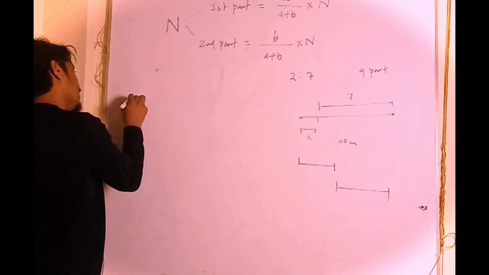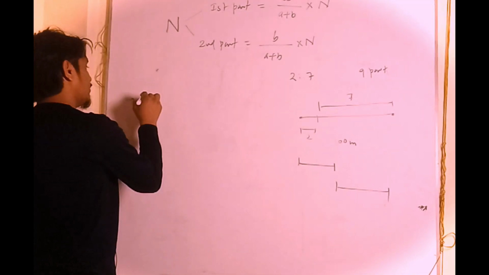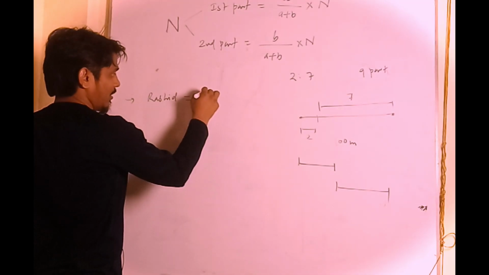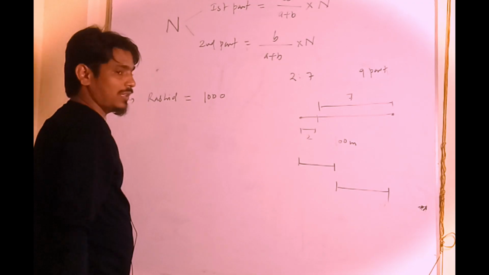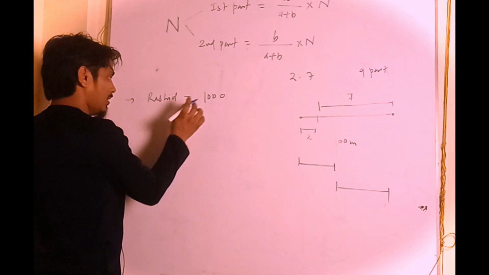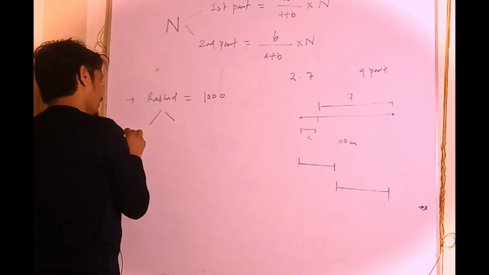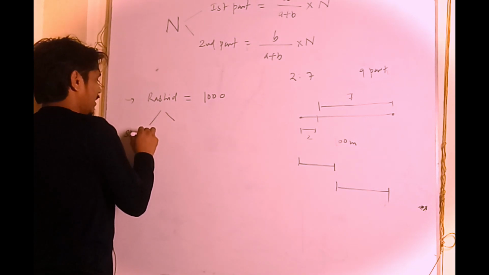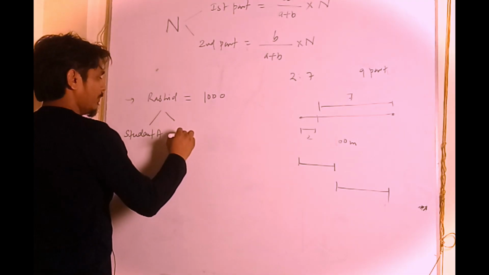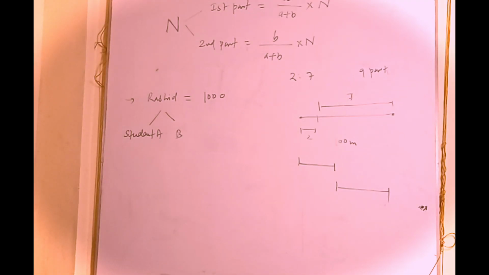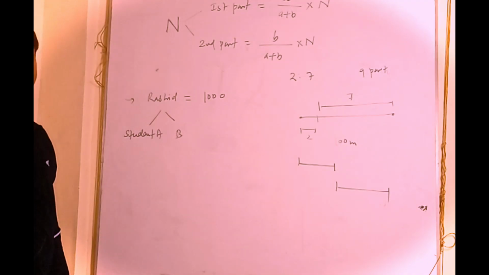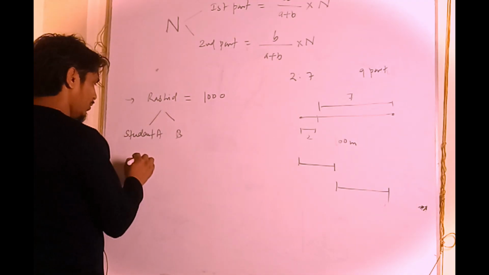For example, let's say Rashid has 1,000 rupees, and I'm dividing this 1,000 rupees between two of my students, student A and student B, in the ratio 2:3.